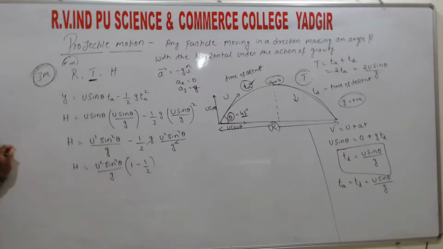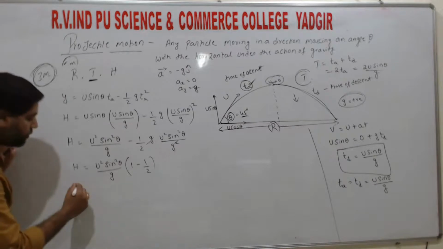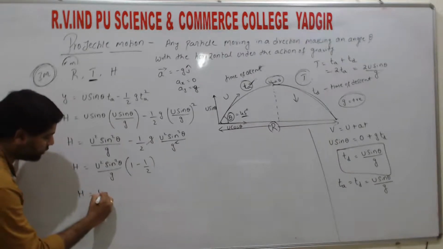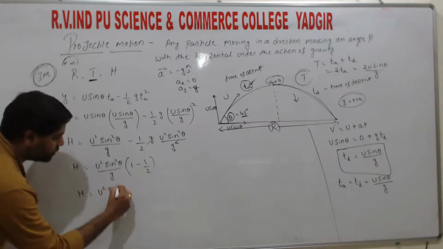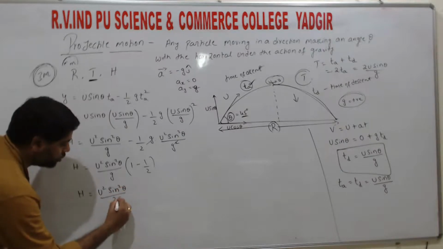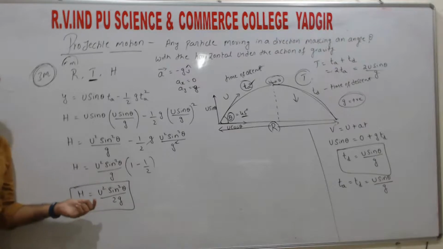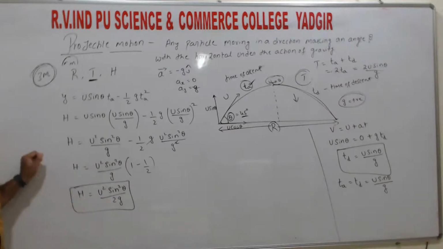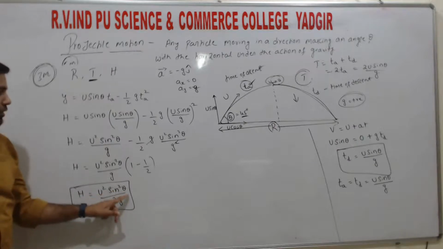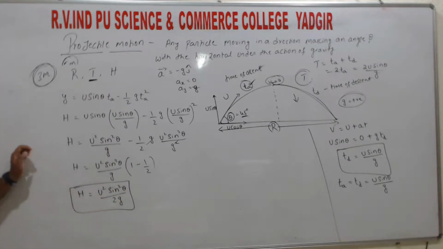Half remains, right? So height is equal to u square sin square theta by 2g. So this gives the height of the projectile, right? h is equal to u square sin square theta by 2g.